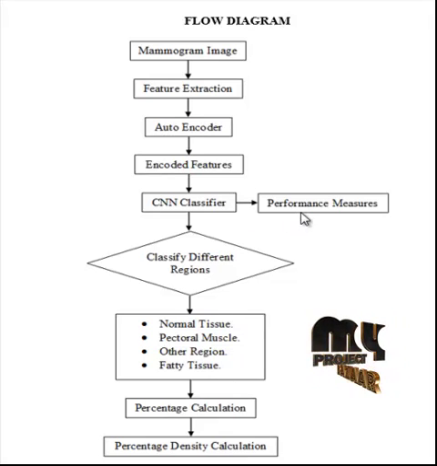The performance of the process is measured with the classified result of the CNN classifier in terms of performance metrics like area under curve and the dice coefficient values obtained for the segmentation process. This performance metric is calculated based on comparing the final obtained result with the ground truth value.